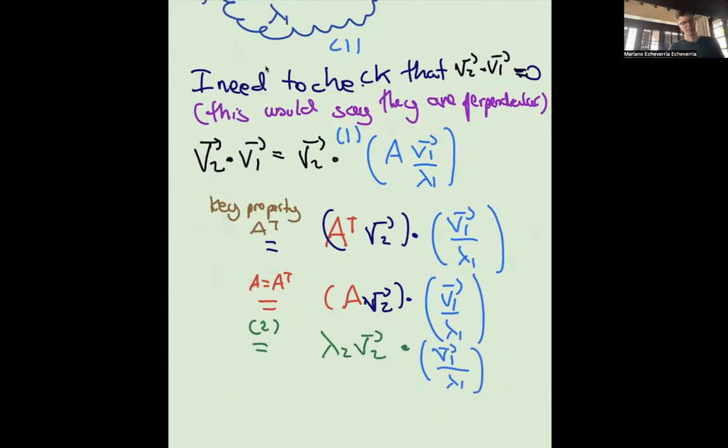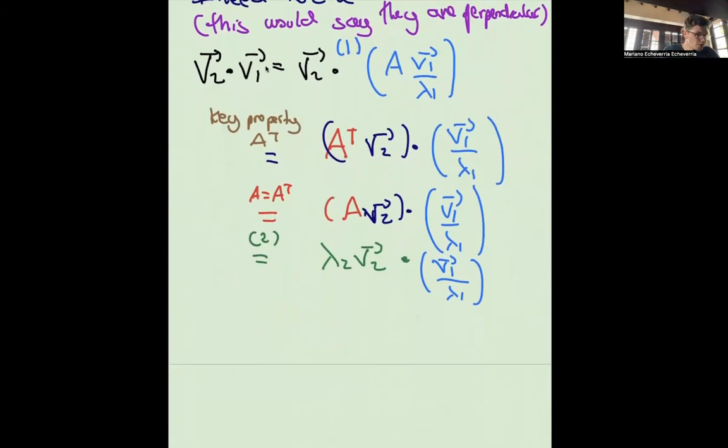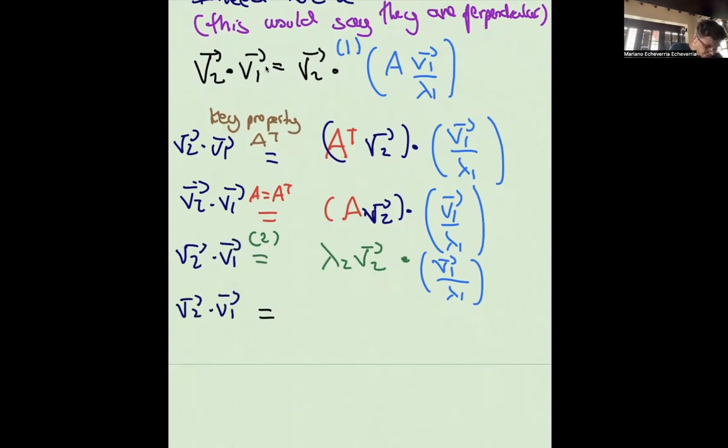When you're taking a dot product, you can take the constants out of the dot product. So all of these so far are the same as v2 dot v1. So v2 dot v1 equals this, and now equals this, which is lambda 2 over lambda 1 times v2 dot v1.